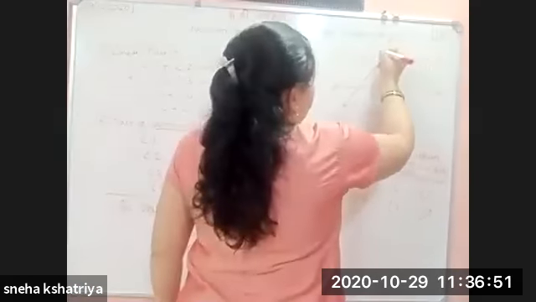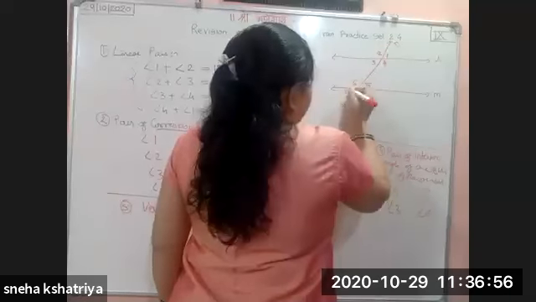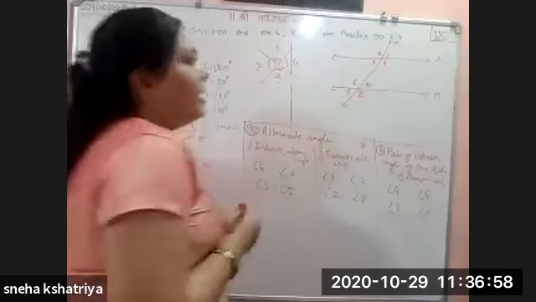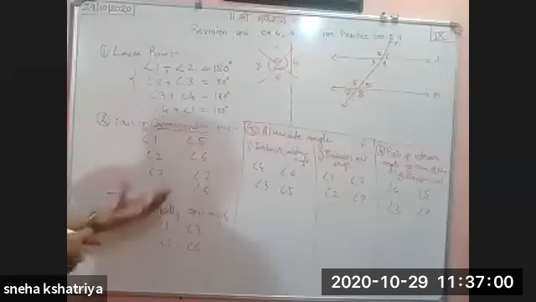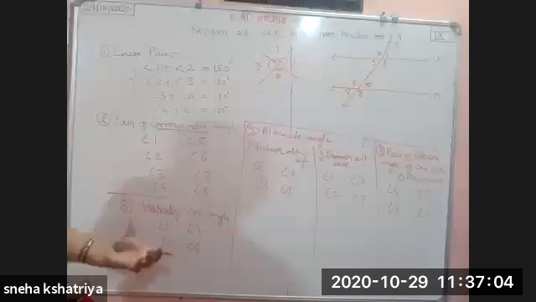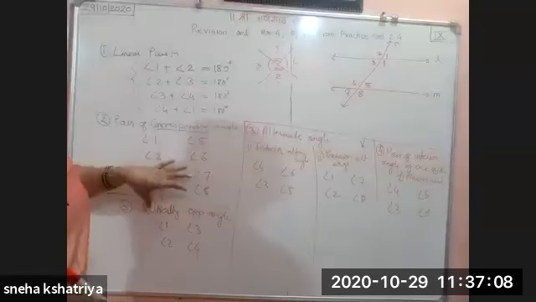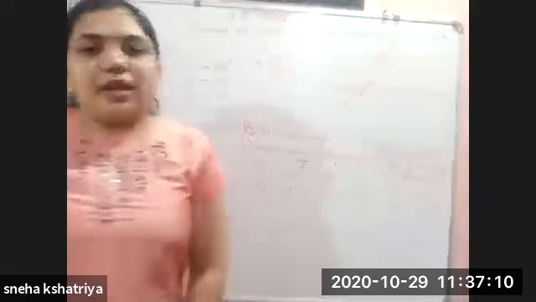First, we will write down the angles 1, 2, 3, 4, 5, 6, 7, and 8. I have already written down the pairs, and I want to find the relation between these pairs when these two lines are parallel.